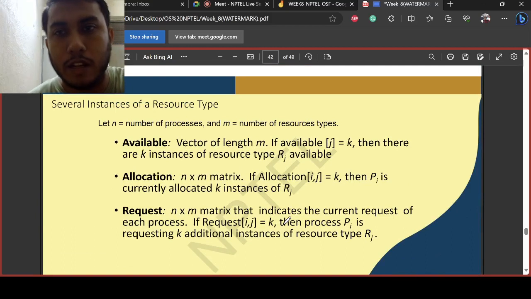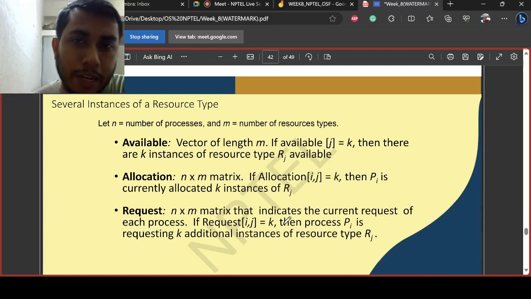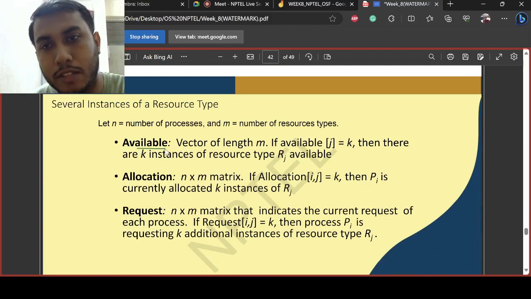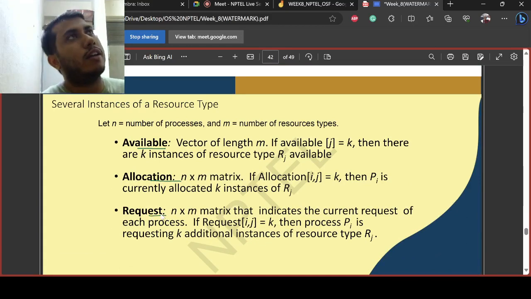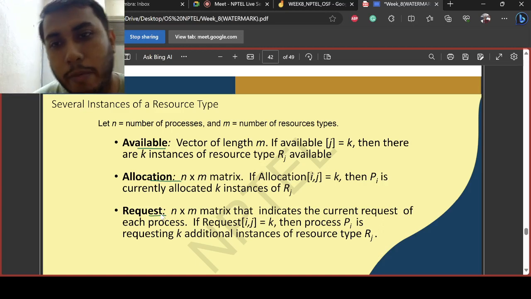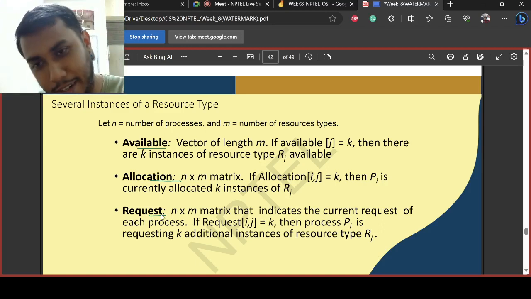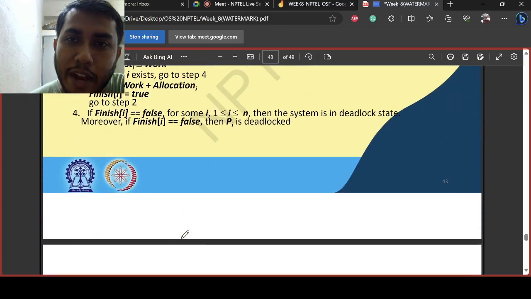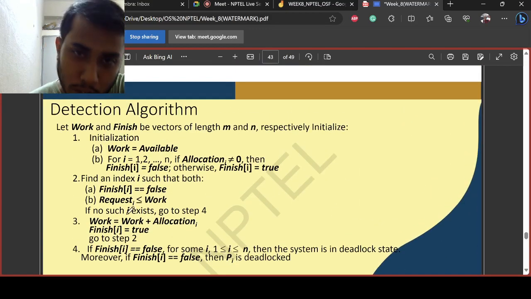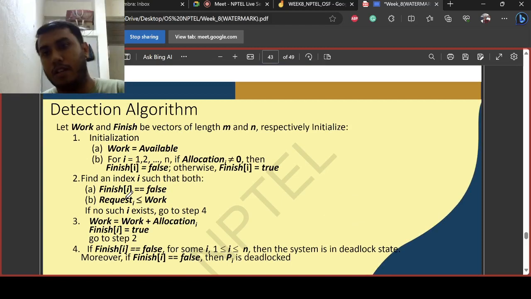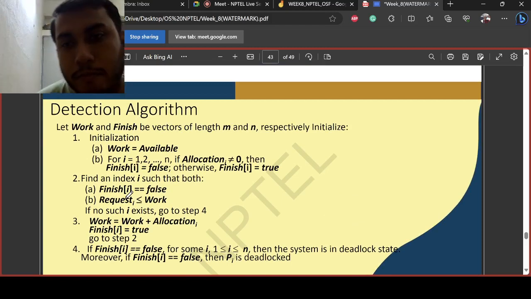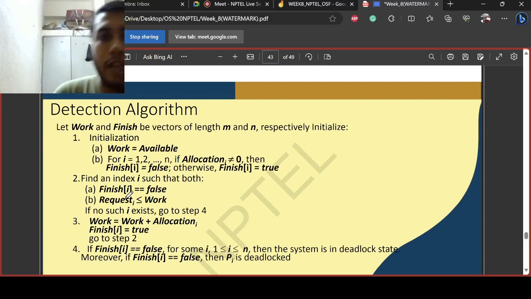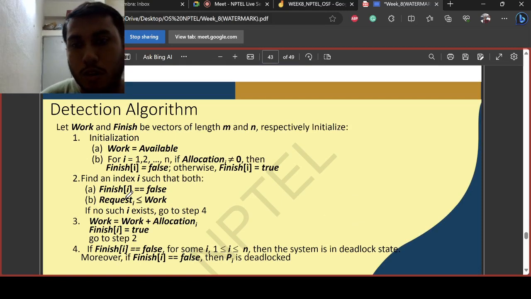Now for multiple resources, similarly, you will have an available matrix, an allocation matrix, and a request matrix. Instead of the need matrix, it becomes your request matrix here. There is nothing more about it. And similarly, you will do the same kind of algorithm. Finish is equal to false, and request is less than or equal to work.